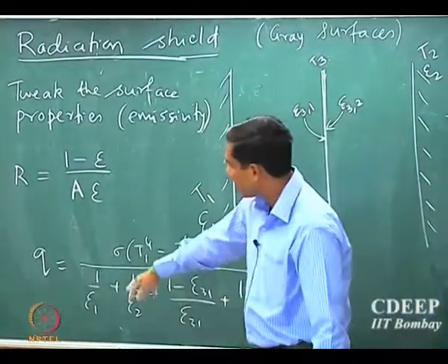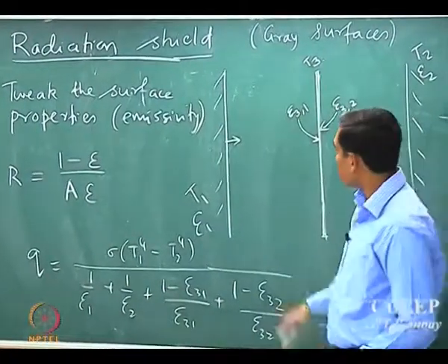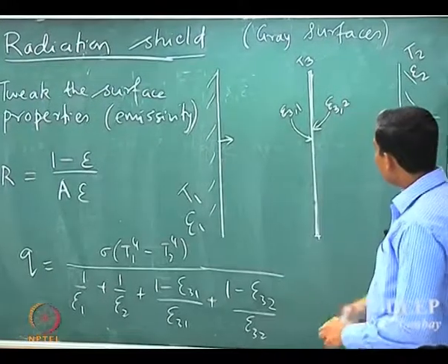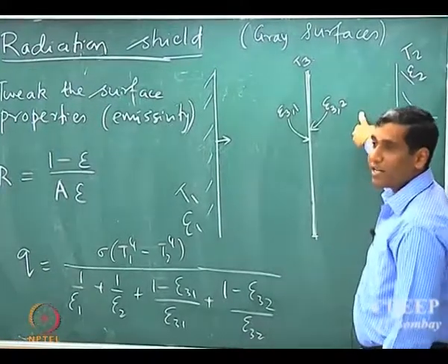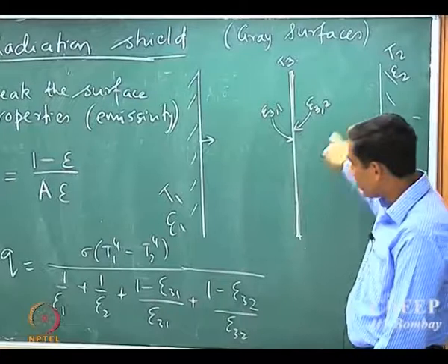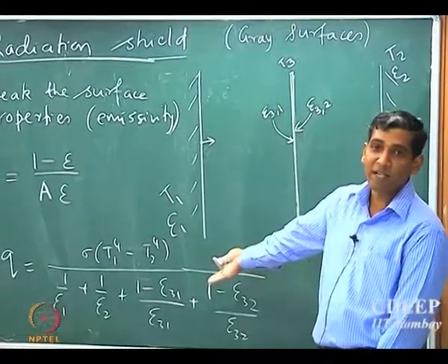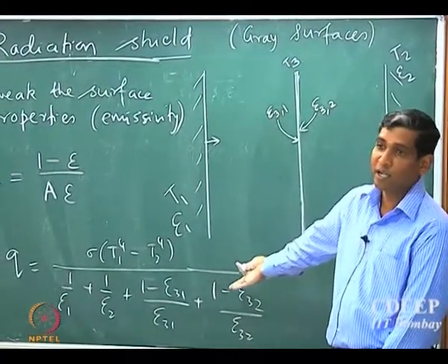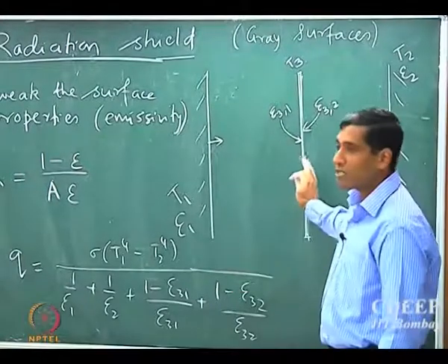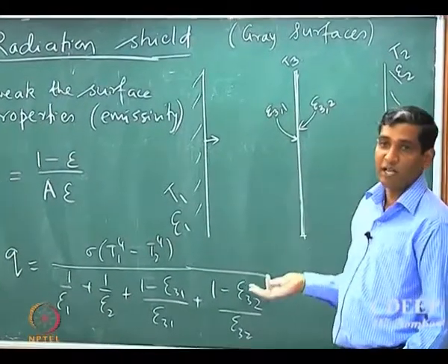That is the net radiation exchange between the two surfaces 1 and 2. So, clearly you can see that by tweaking epsilon 31 and epsilon 32, you can minimize the net radiation exchange between 1 and 2. So, that is the concept of using this radiation shield.